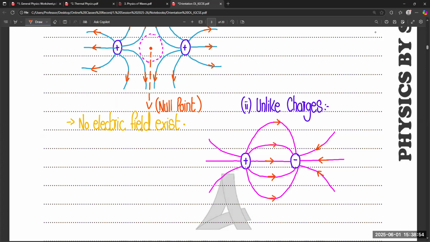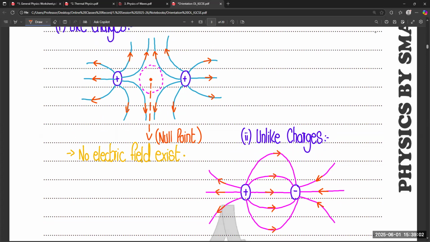So directions for the field lines are very, very important. So never skip those field lines. Otherwise, you will lose your mark. So in this, unlike charges, this is the pattern. The pattern is very easy because we know that field lines always travel from positive to the negative side.